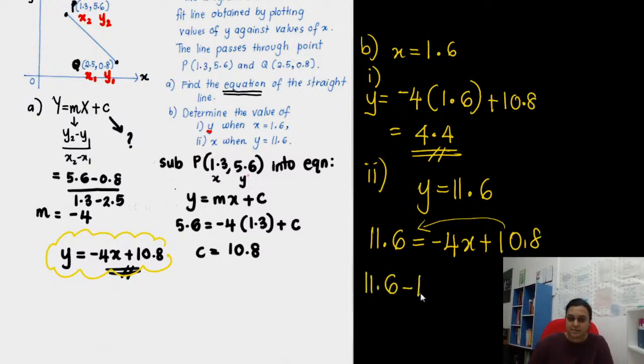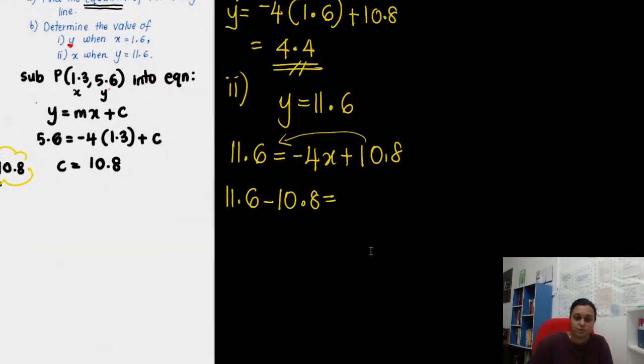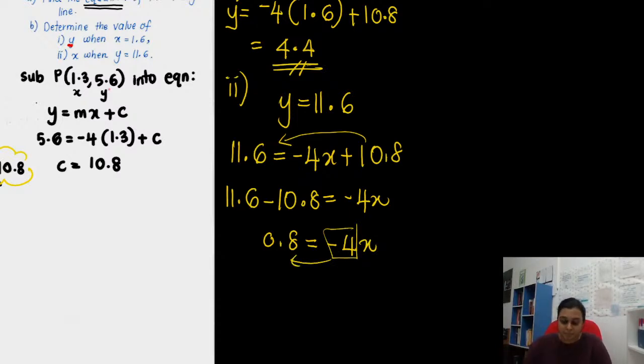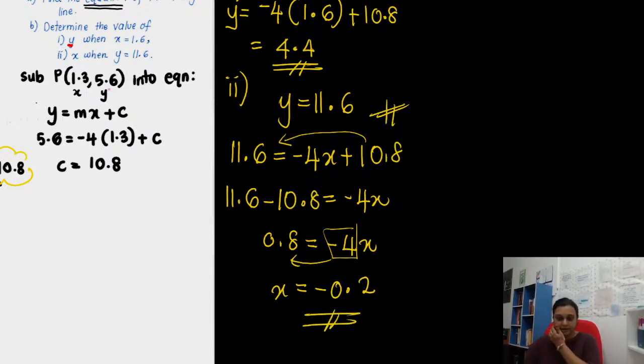So 11.6 minus 10.8 equals to negative 4x. Okay, 11.6 tolak 10.8, 0.8 sama dengan negative 4x. Yang ini bawa pergi ke sana. Okay, dapat negative 0.2. So here we got the answer for x. Here we got the answer for y.